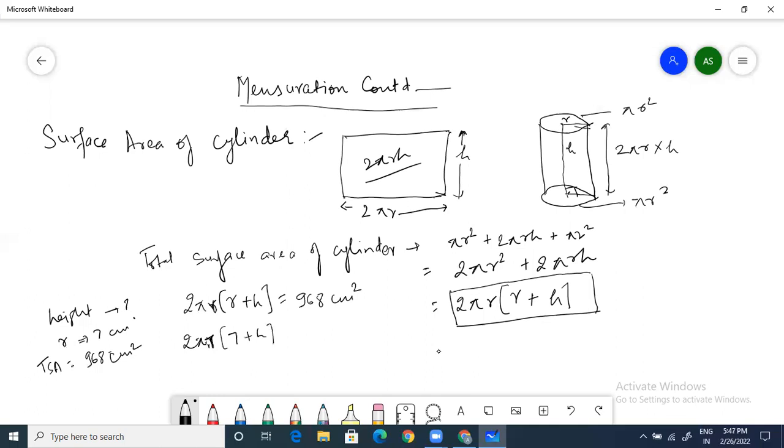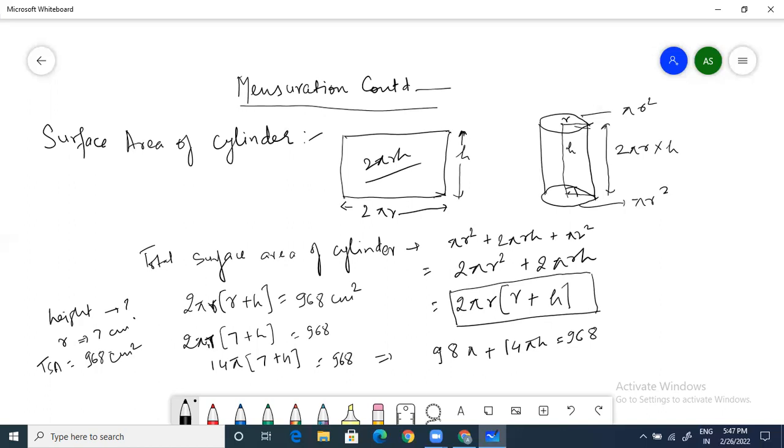So 2 pi into 7 into 7 plus h is equal to 968. 14 pi into 7 plus h is equal to 968. 7 times 14 is 98, so 98 pi plus 14 pi h is equal to 968.